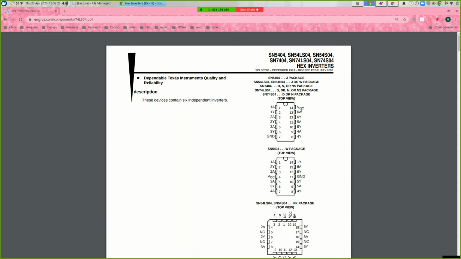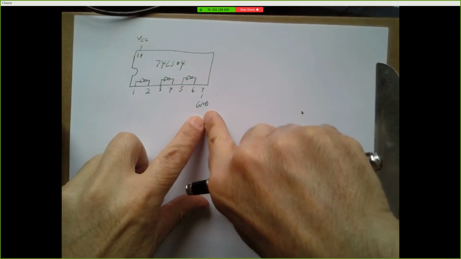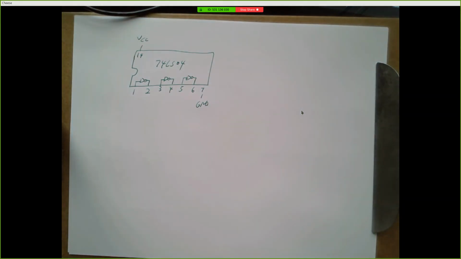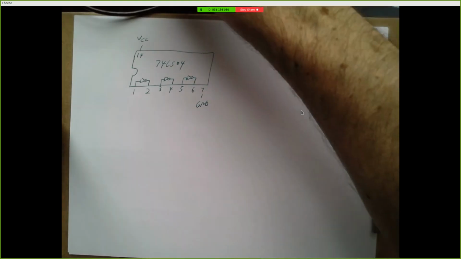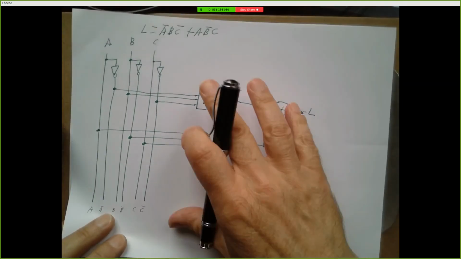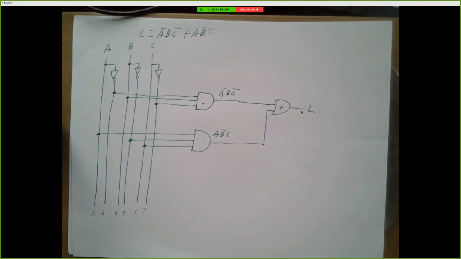That's 5 volts. So if we were actually building this circuit, we need to connect pin 7 to our ground line. We need to connect pin 14 to 5 volts. Right? And that's what activates or powers the circuitry inside this device to let it do logic operations. So this is a logic diagram.